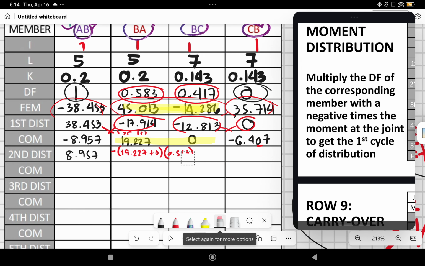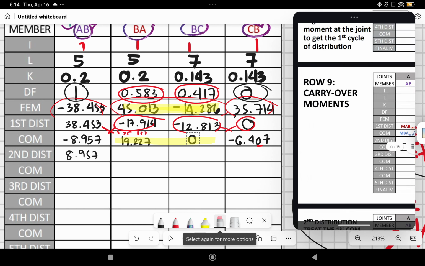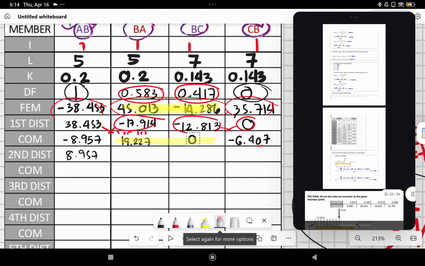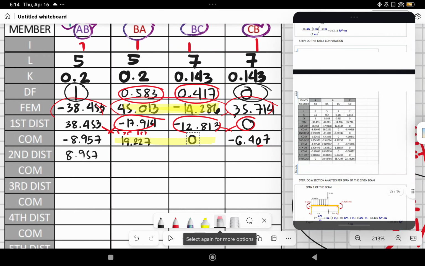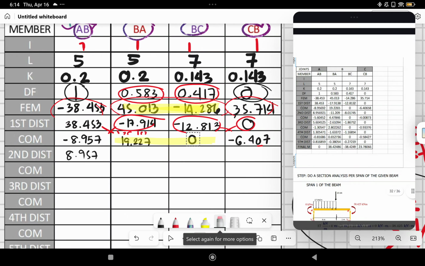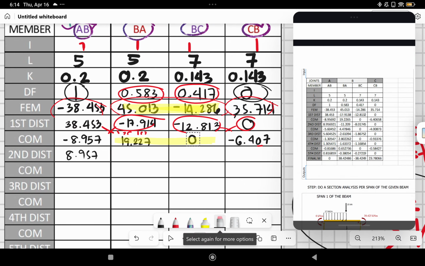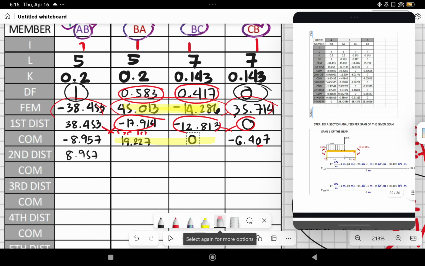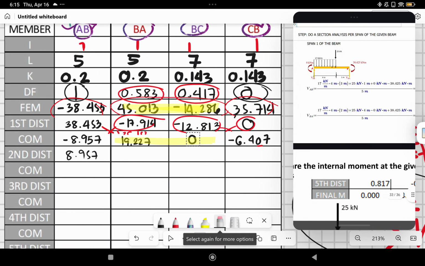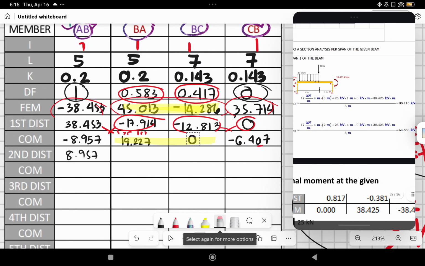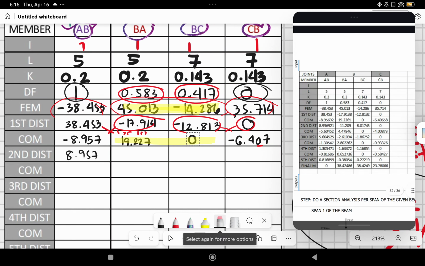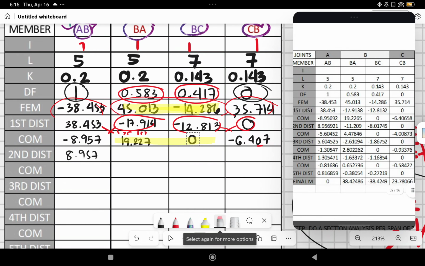So, may makuha tayong sagot doon. Nakuha natin sagot is negative 11.209.